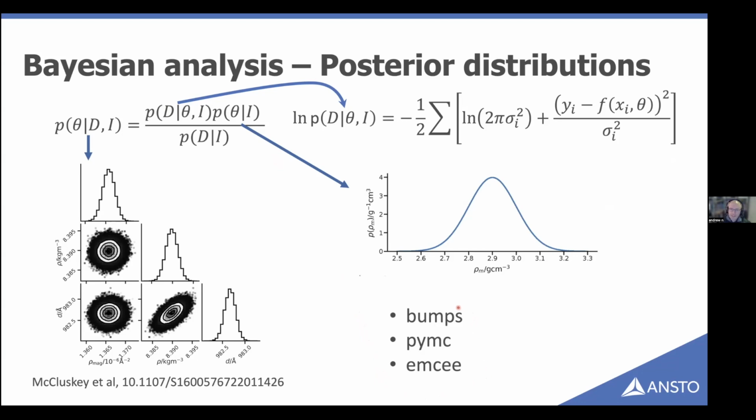It's very strong for this kind of thing. And the Python packages worth mentioning for doing this kind of posterior sampling are bumps, PyMC, and emcee.